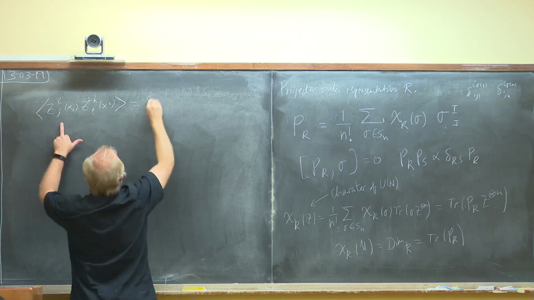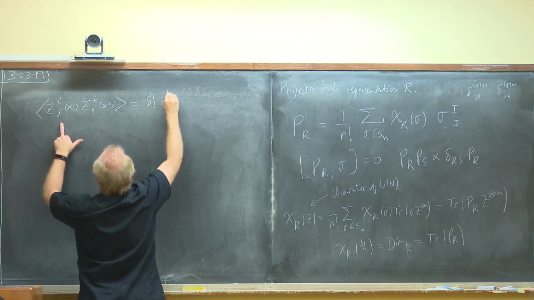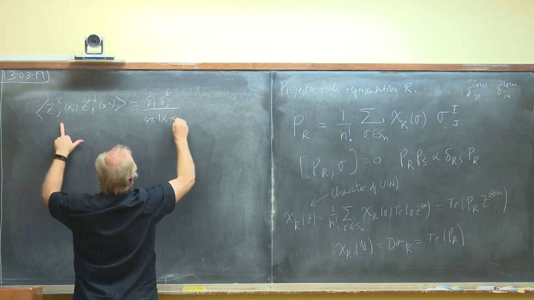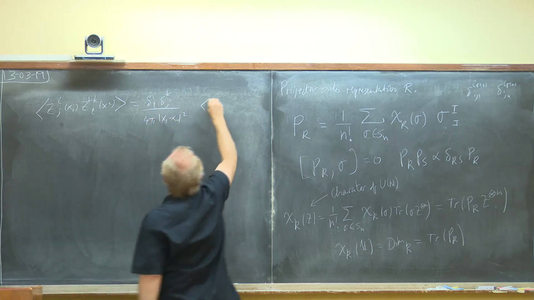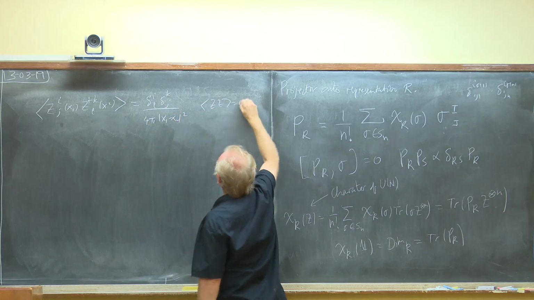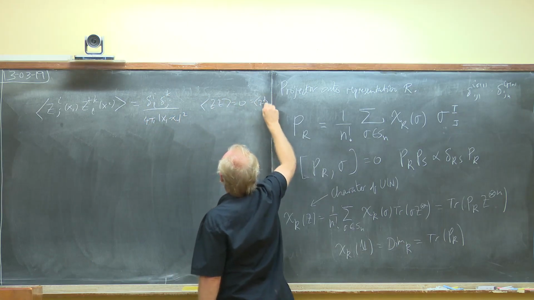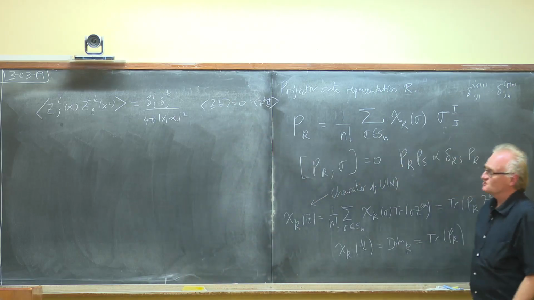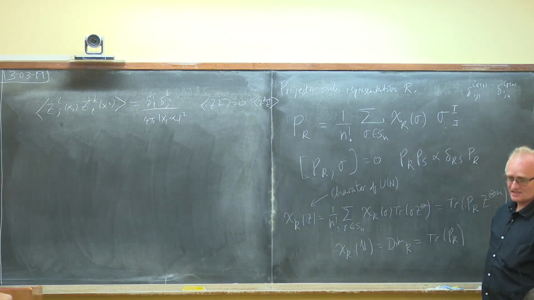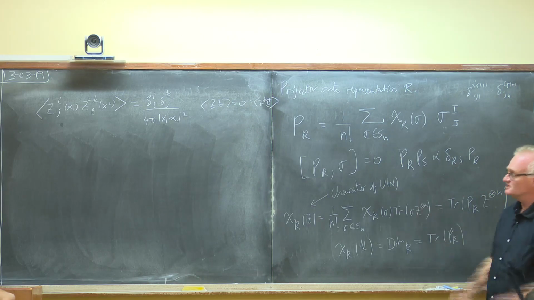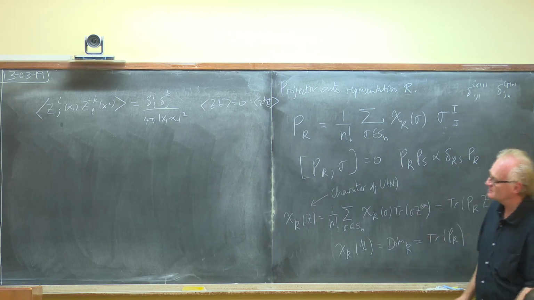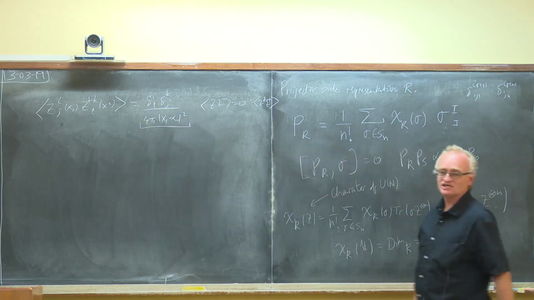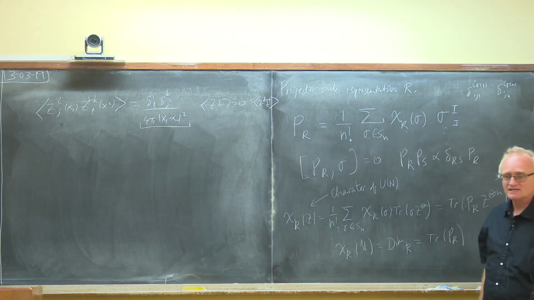It would be delta^i_l delta^k_j over 4 pi mod x1 minus x2 squared. The ZZ contraction would be 0, and the Z dagger Z dagger contraction would be 0. And what will you do? You'll take two operators, extract all possible pairs, replace each pair by this expression, and then sum over the i's, j's, k's, and l's. Okay?